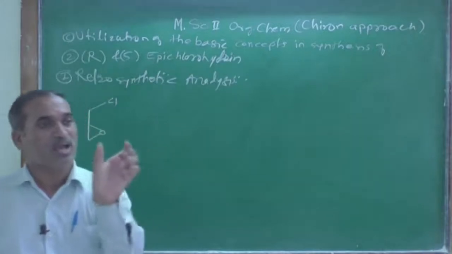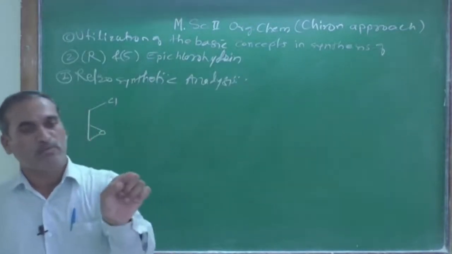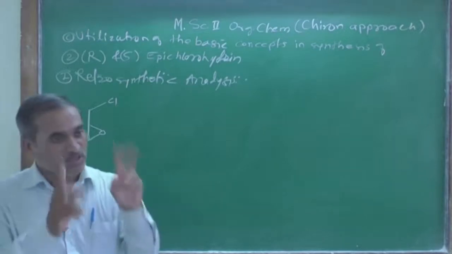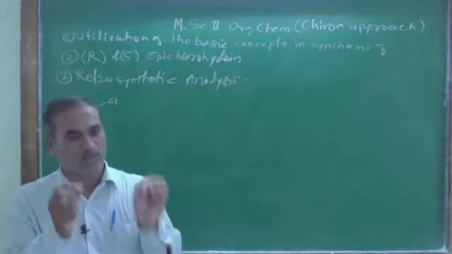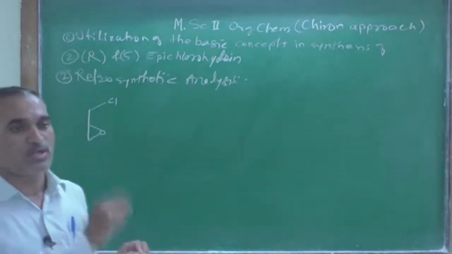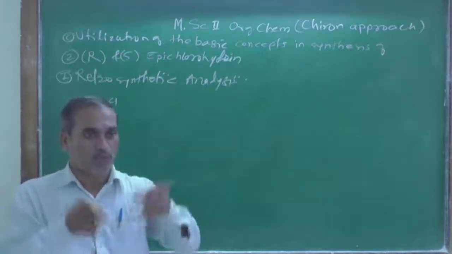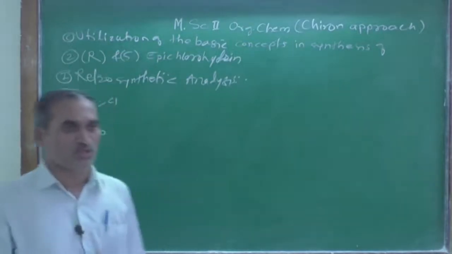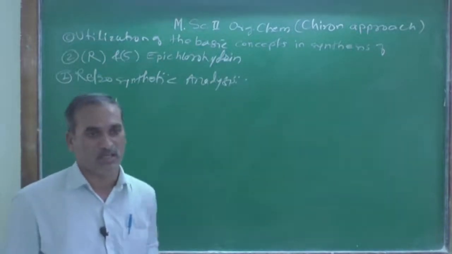CIP: C stands for Cahn, I for Ingold, and P for Prelog. These are three scientists who made a rule, and you have to apply that rule. That is called the sequence rule, the arrangement of priority groups around the chiral center, and there are four certain rules.